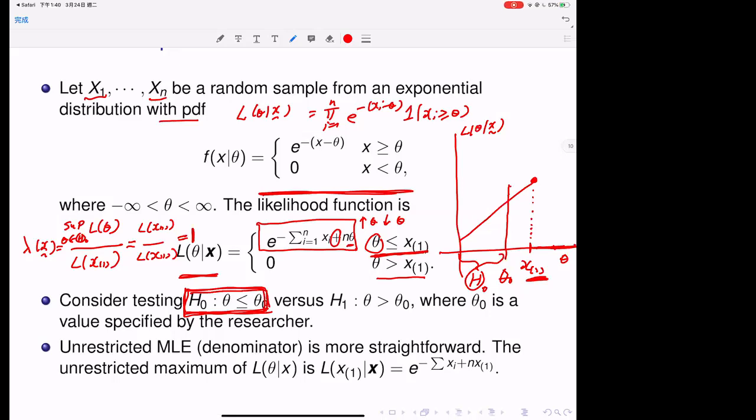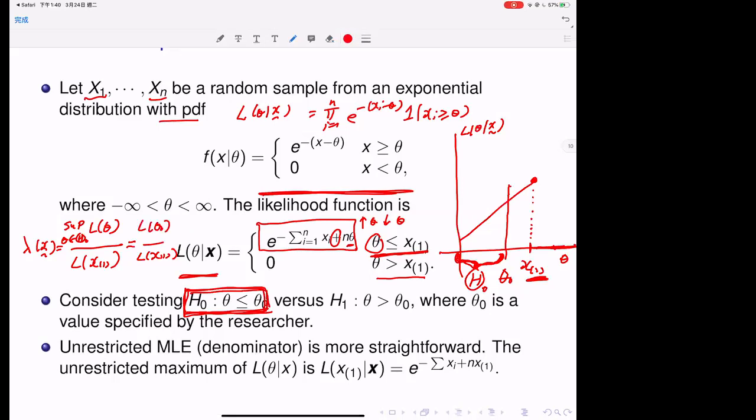The answer is no, because I'm looking for the value that maximizes the likelihood function under my null space. That guy is theta 0, so the numerator is no longer x1; it becomes theta naught.